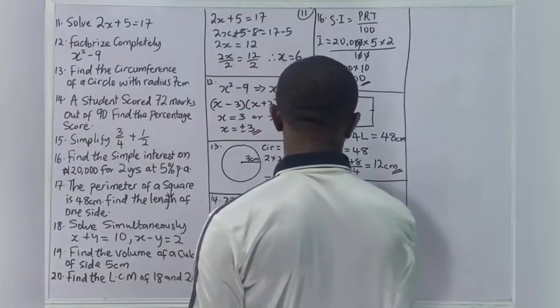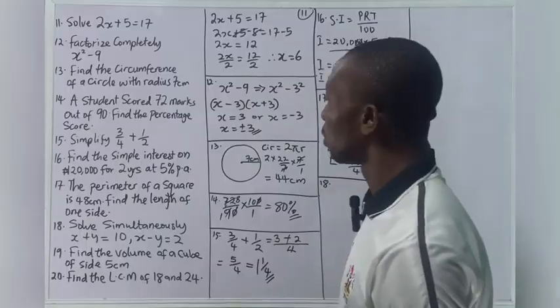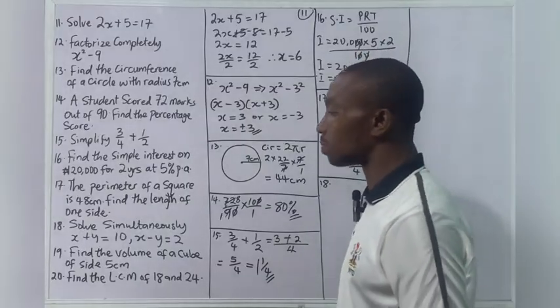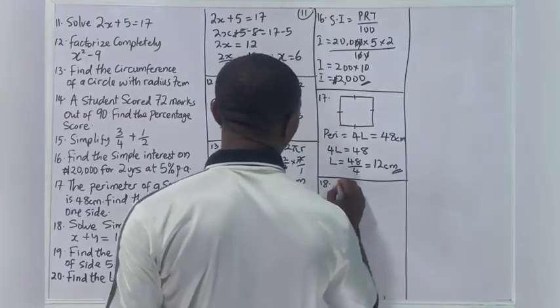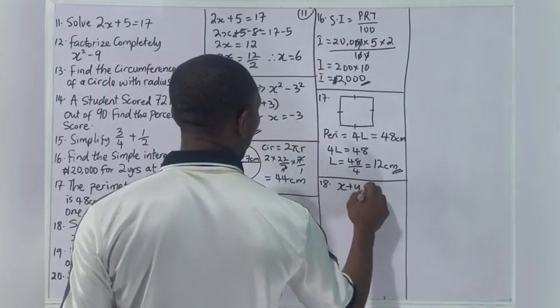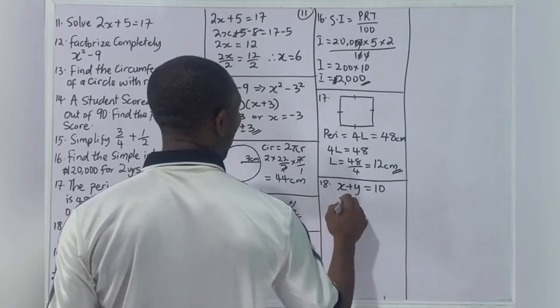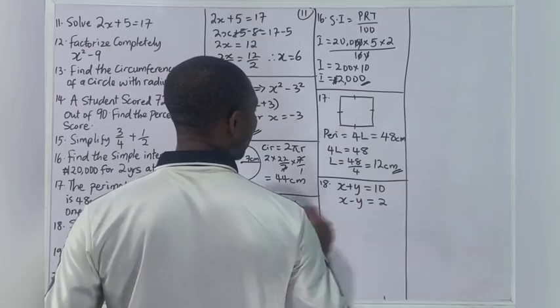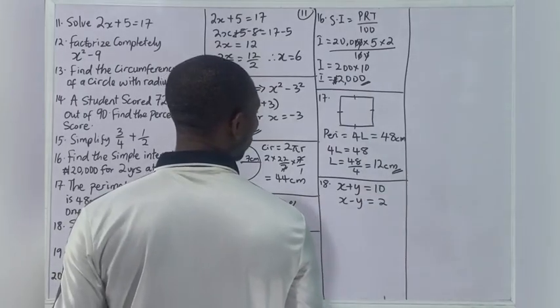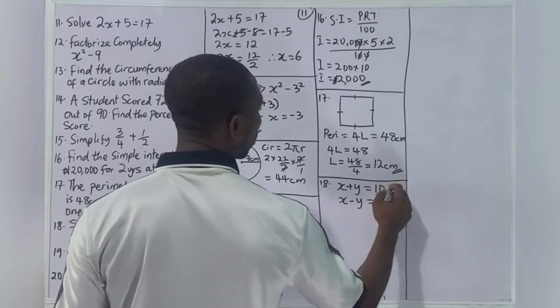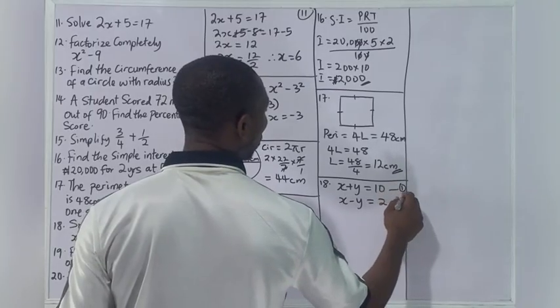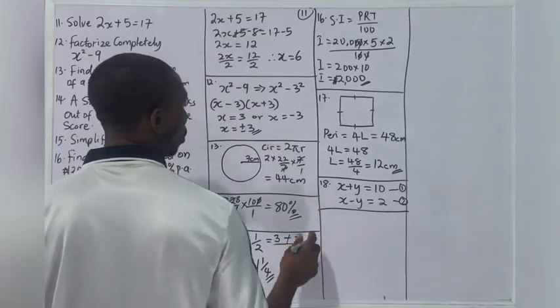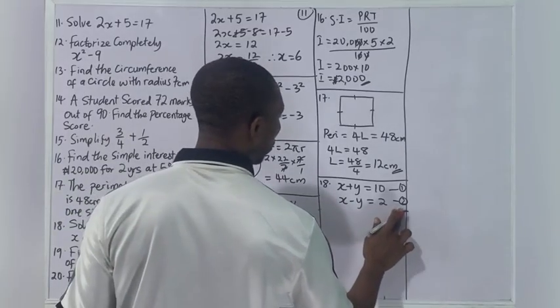Okay, question 18, it says, solve simultaneously. We have x plus y equals 10 and x minus y equals 2. So this is equation 1, equation 2. So from here, we do what?